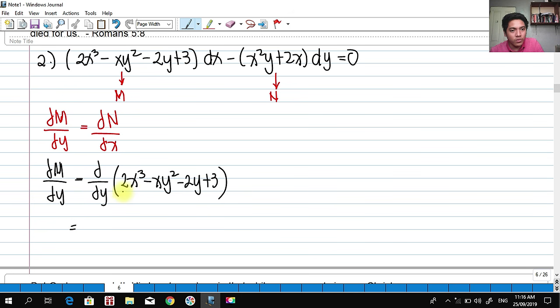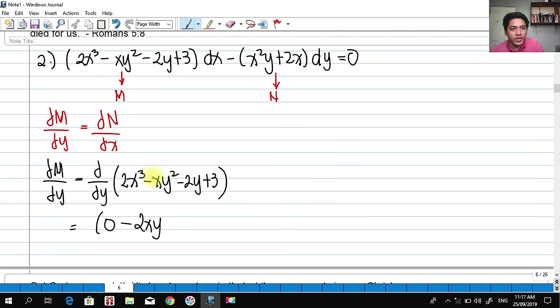As you can see here, this term does not have any y terms in it. So, any other variable except for y is considered as a constant, and the derivative of this constant is 0. The partial derivative of 2x cubed with respect to y is 0. How about this? With respect to y, that is 2y, but since x is considered as constant, that should be 2xy.